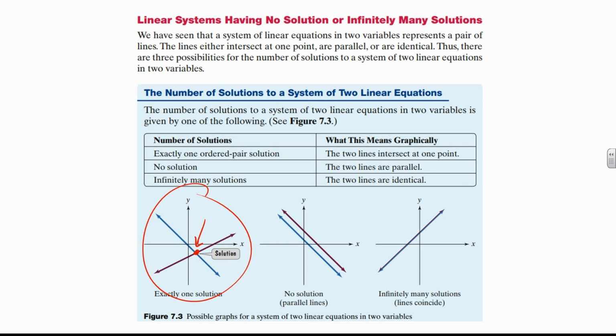So that's going to be a no solution. Infinitely many solutions simply means that the two equations, when you go to solve, they cancel out each other. And it's like, what happened? Everything went away. Well, that's because you're just talking about one line or one equation, basically. So that's what we have there.